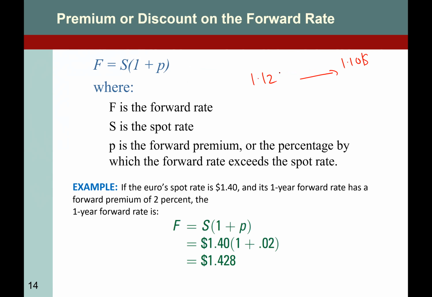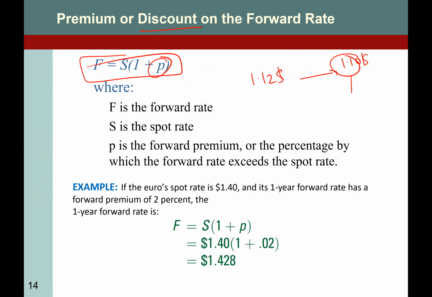Now question is where this value came from. This value came from this formula. Forward is equal to spot into 1 plus premium. If premium is negative, then we can say that it's discount, right?